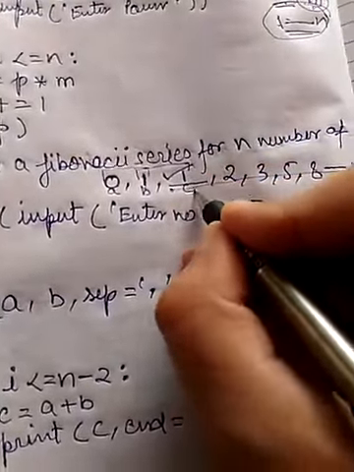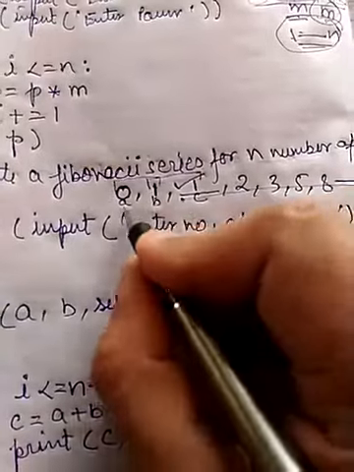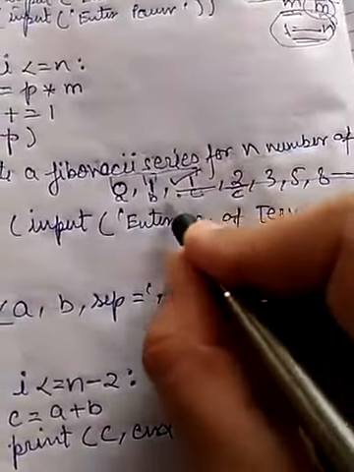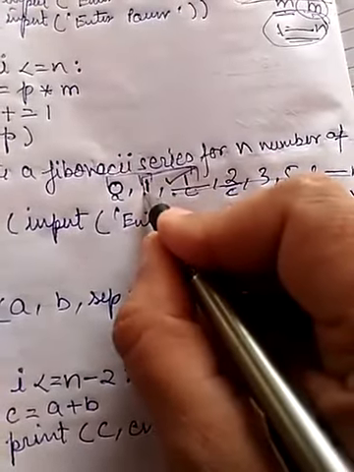Now what happened here? Suppose this is C. It is the sum of the previous two, A and B. Now this is C, the sum of the previous two.